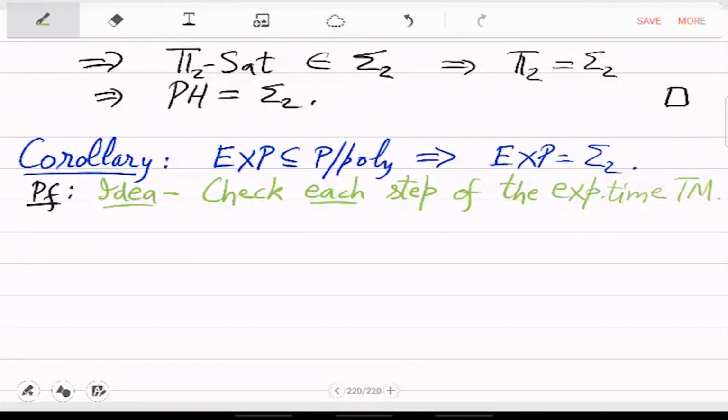Any problem L in X will have an exponential time Turing machine. Look at its steps. The steps are easy to check, and basically there will be a circuit that can do that for the exponential time Turing machine.